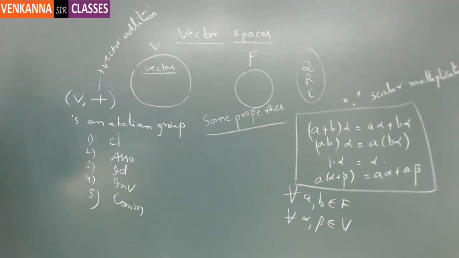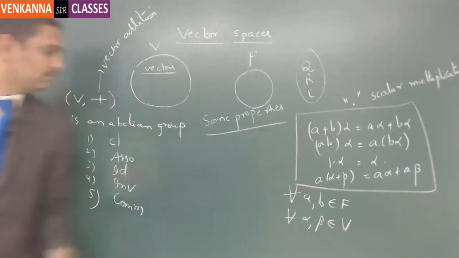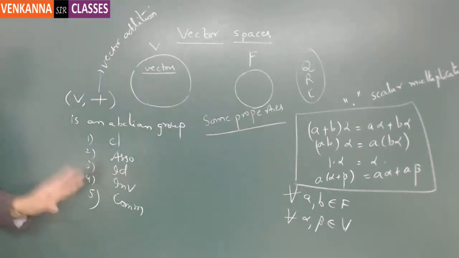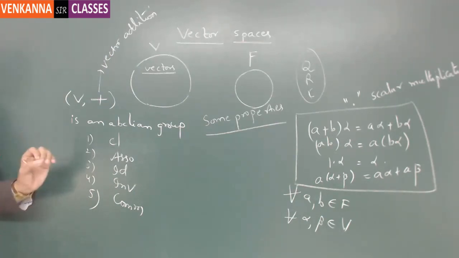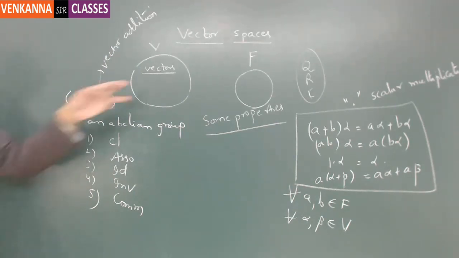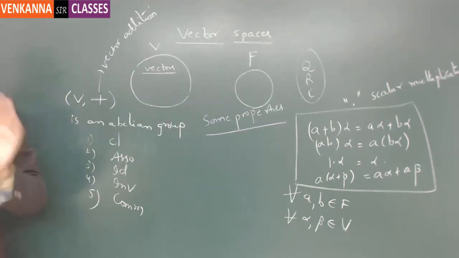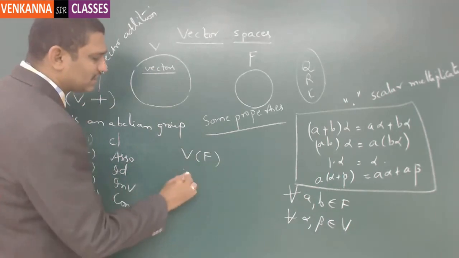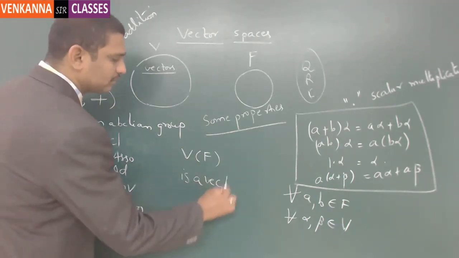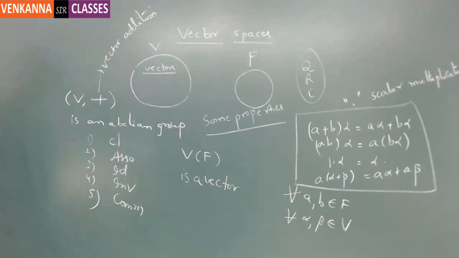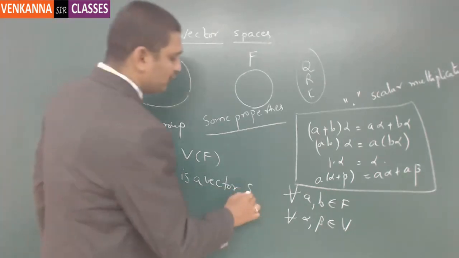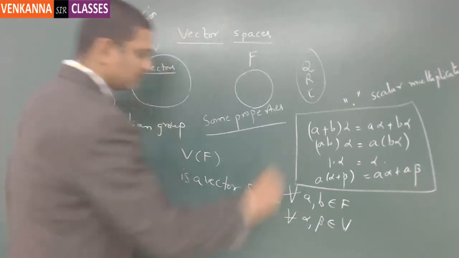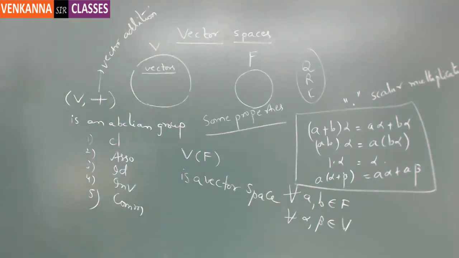They together constitute these four properties. So in total I am checking 9 properties. These are 4 and these are 5, total 9 properties. If they are satisfied by both of these sets, then I say that V of F is a vector space, or V is a vector space over F. Symbolically I say that V of F is a vector space.